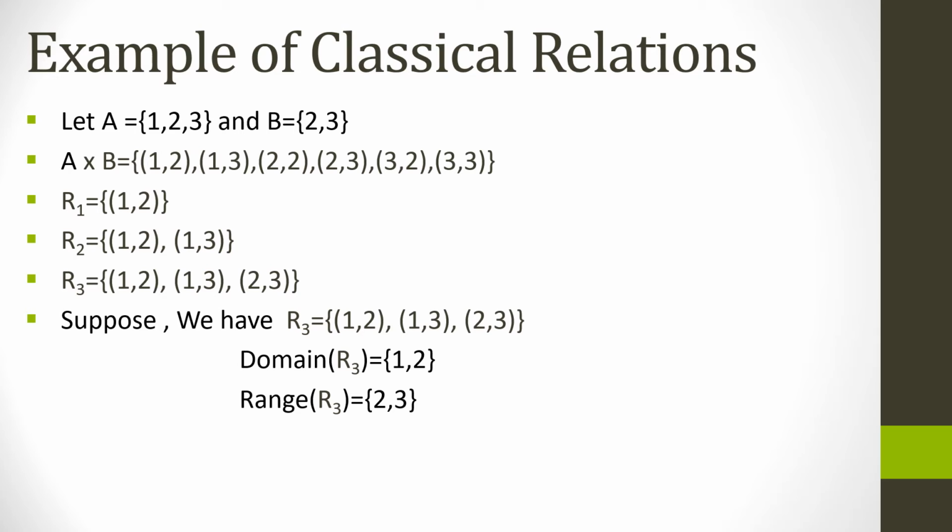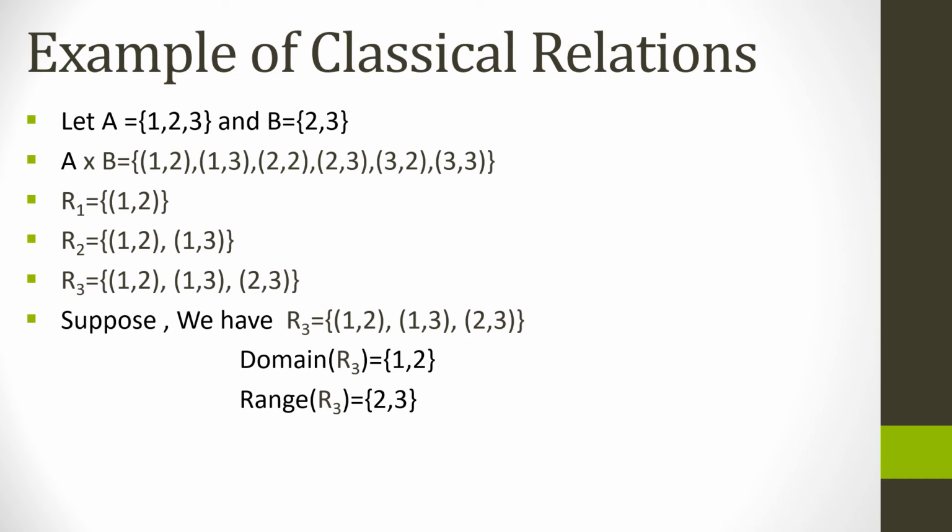Then how to calculate domain and range? Domain means the set of all first elements of the ordered pairs. So here we take the first element from the first ordered pair, 1. Next, again 1 comes, so 1 is skipped here because an element should not be repeated in a set.